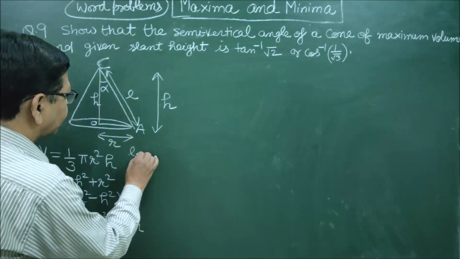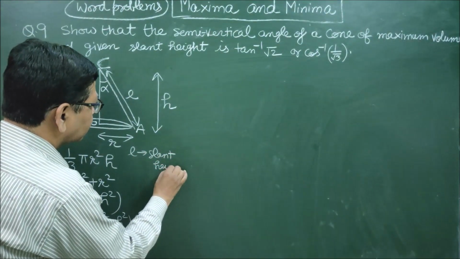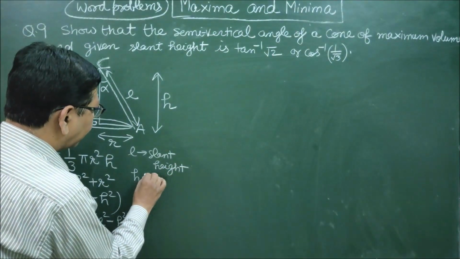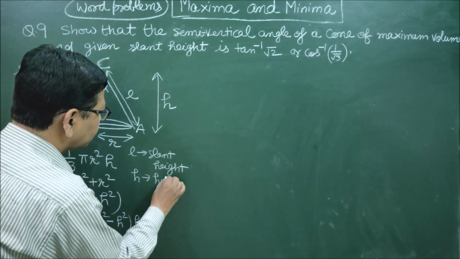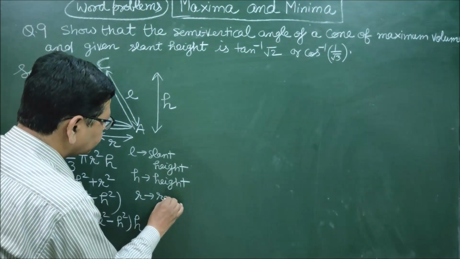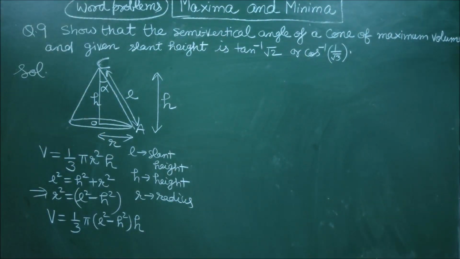Here L is the slant height of the cone which is a constant, H is the vertical height, R is the radius, and capital V is the volume which is to be maximum.